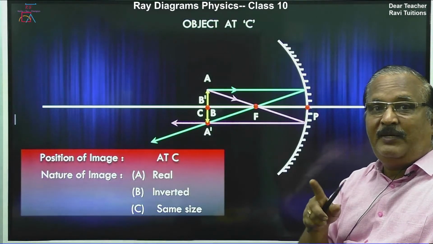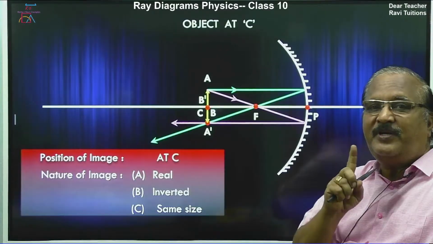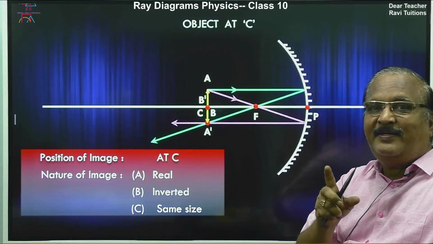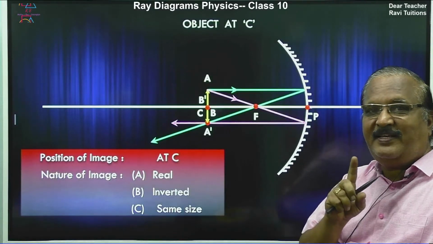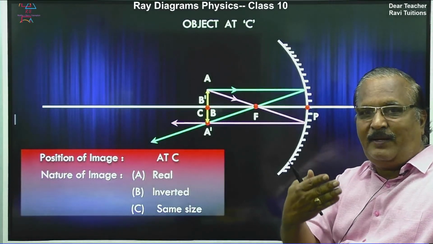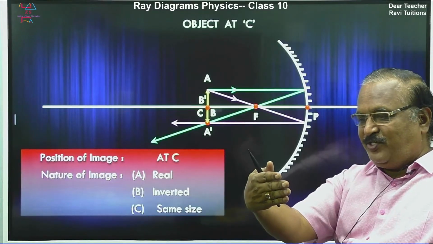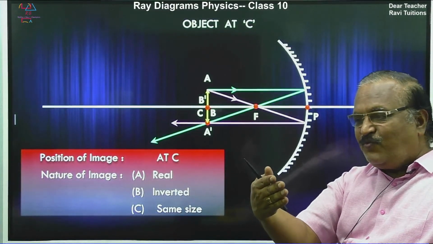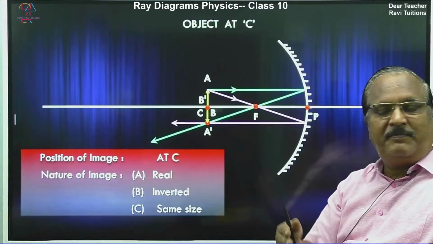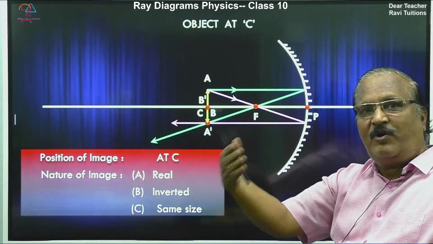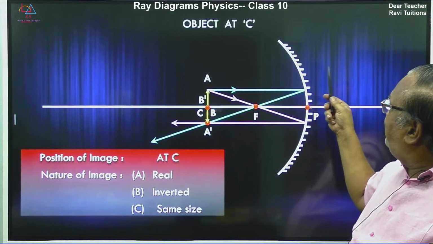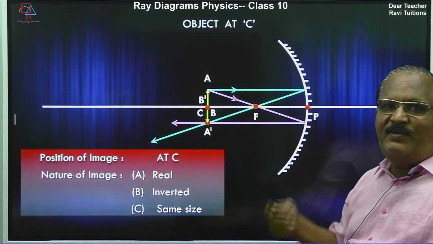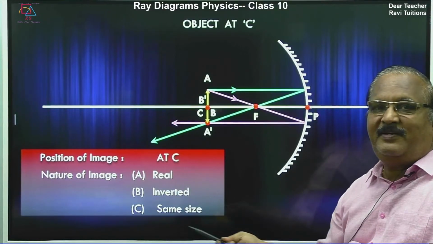In both cases you can see with your eyes, but you cannot see a virtual image on the screen. Take a plane mirror: you can see your image in the mirror, but you cannot focus that image on a screen because the image is formed behind the mirror. So whatever images come at the back of the mirror are virtual. In front of the mirror, they are real.